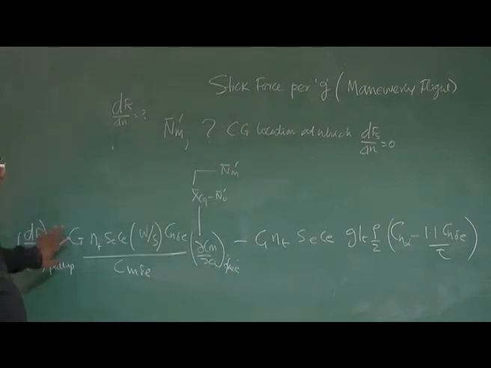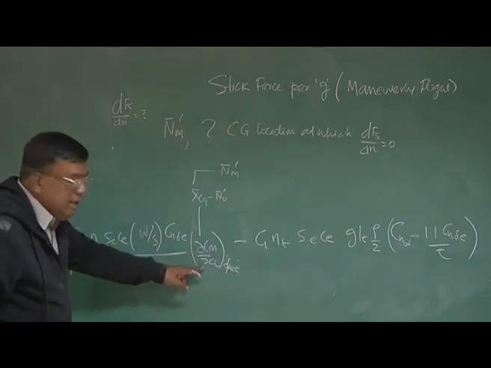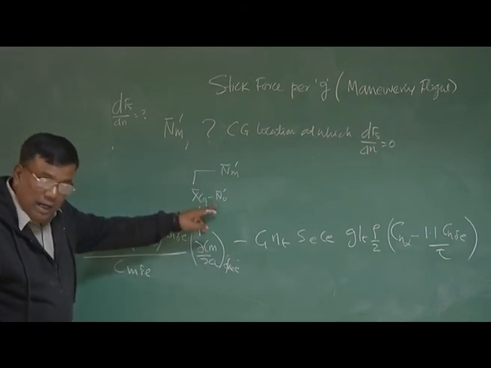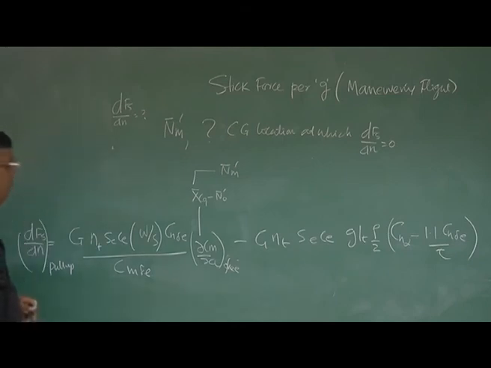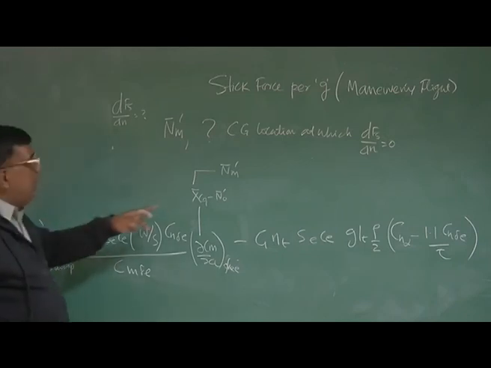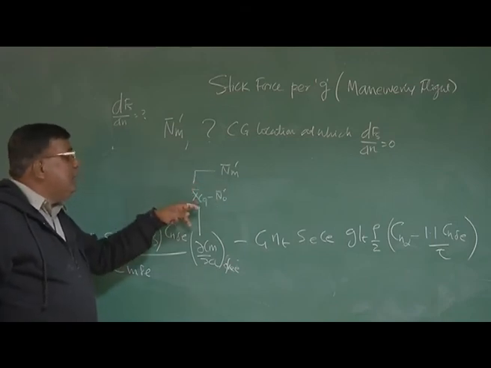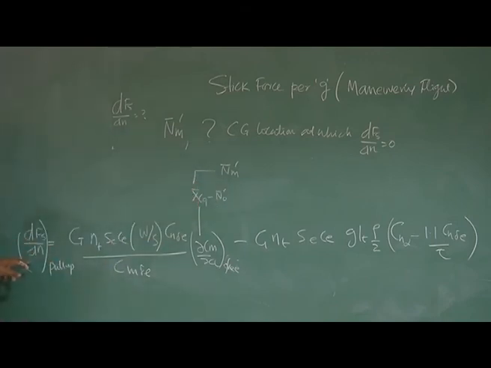Now focus on this expression. dFs by dN is coming like this, where dCm by dCl free is xCg minus N naught prime. And if I want to find the stick free maneuvering point, which is Nm prime, what I have to do is put dFs by dN equal to 0, and whatever expression for xCg you get, that is nothing but Nm prime, because that is the CG location at which dFs by dN is 0.